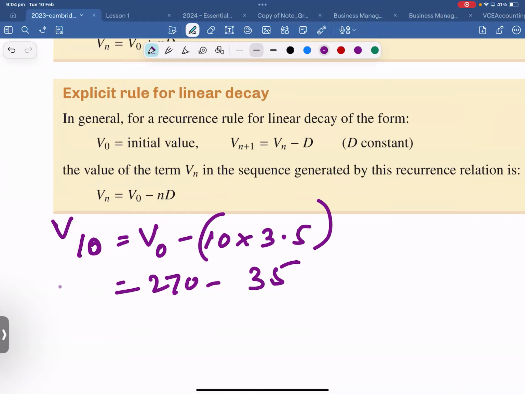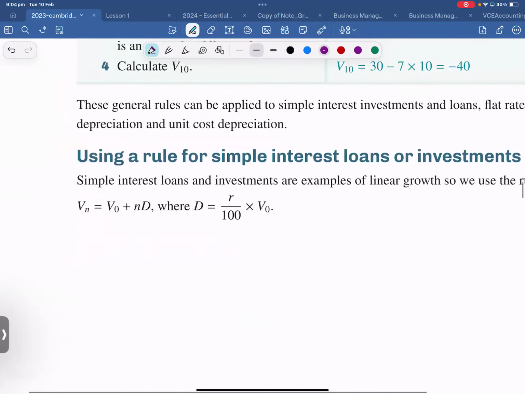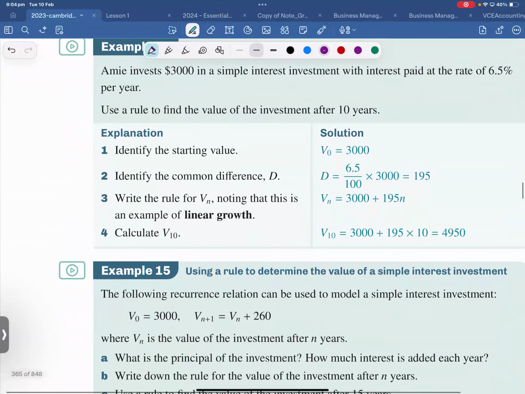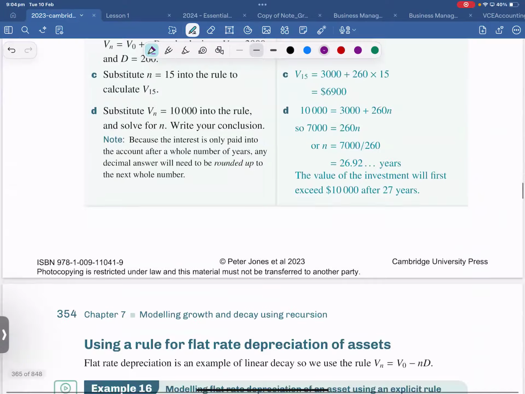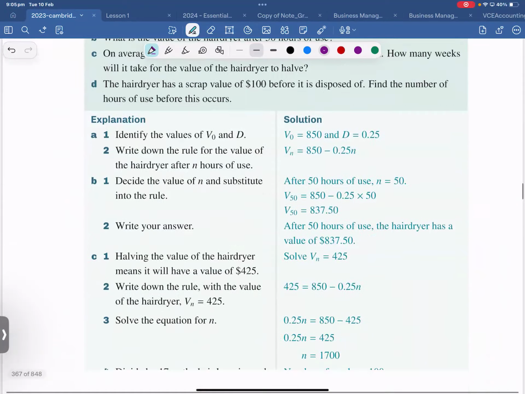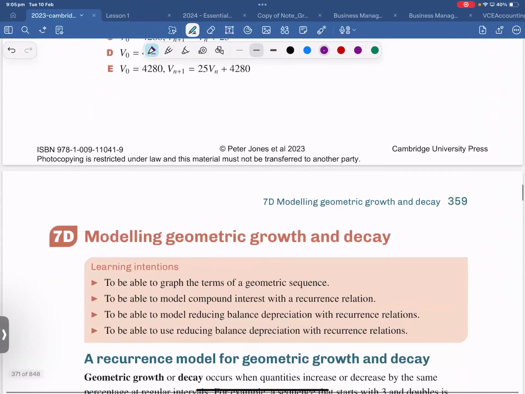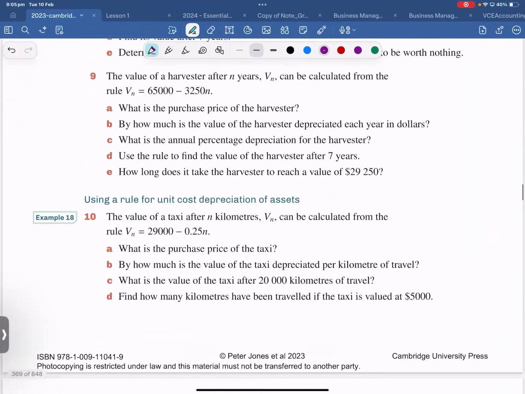Meaning V10 will be 235. That's what explicit means. It makes sense, common sense, that you are going to jump to that one. Same thing we can apply, the opposite, for linear growth as well. So technically, those are the ones that we could do. Then the geometric growth, we'll do next time from 7D.